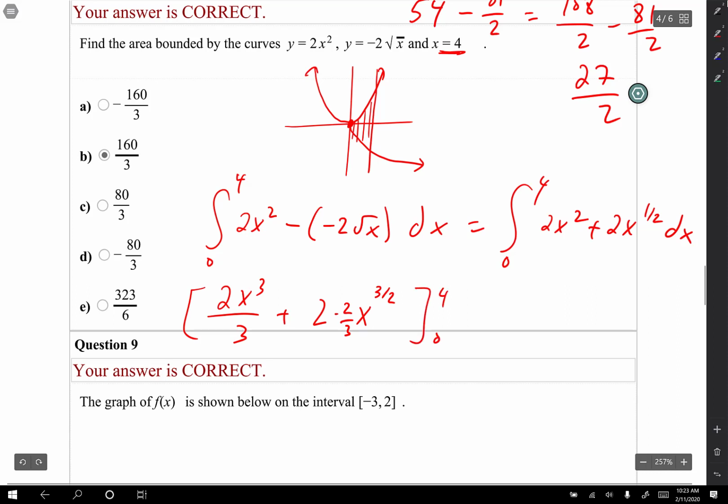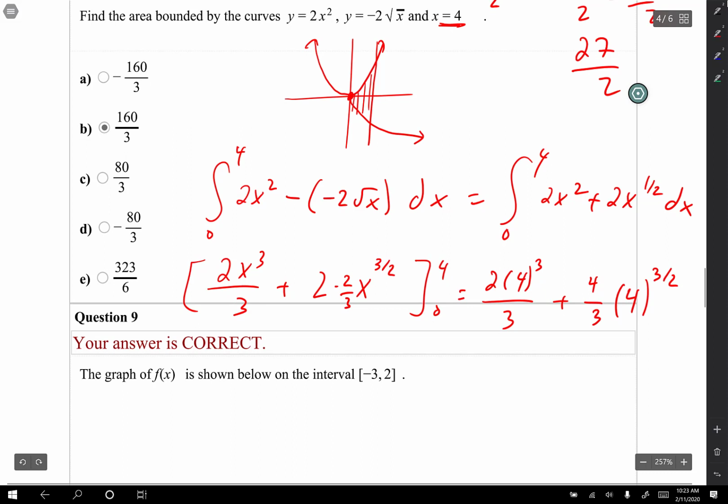And that's from 0 to 4. So let's do the 4 first. 2 times 4 to the third over 3 plus, let's see, 2 times 2 is 4. 4 over 3, 4 to the 3 halves. Let's see, 4 times 4, 16. 16 times 4, 64. 64 times 2, what's that, 128?